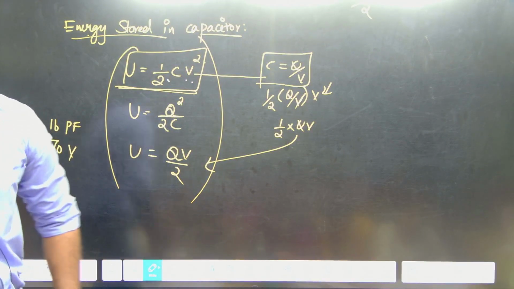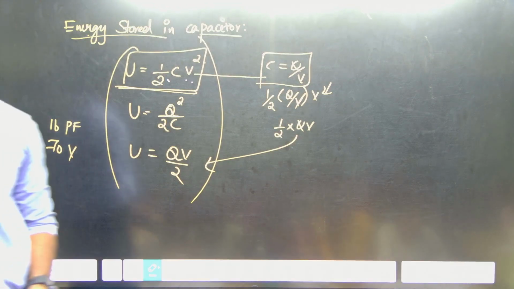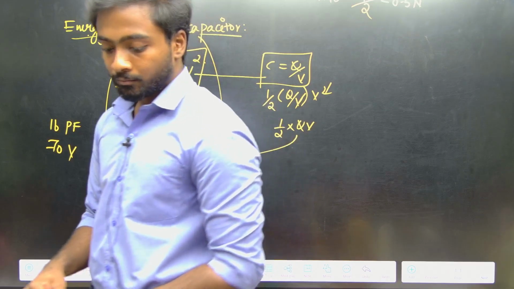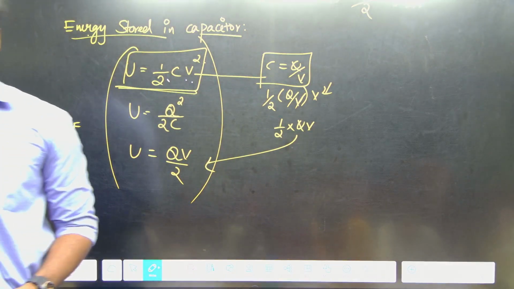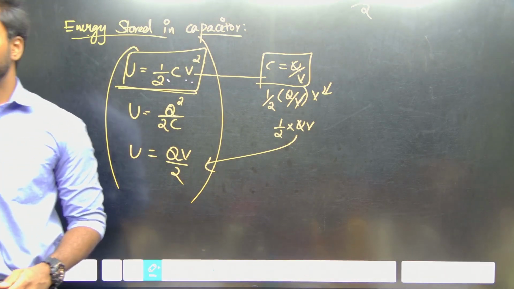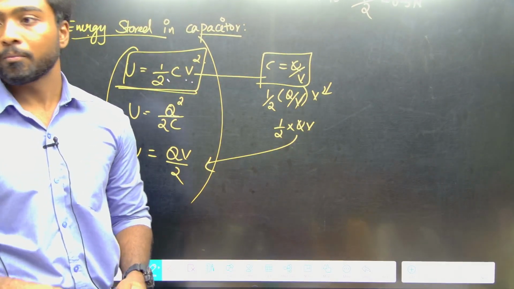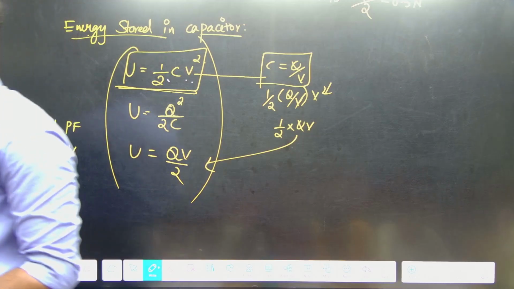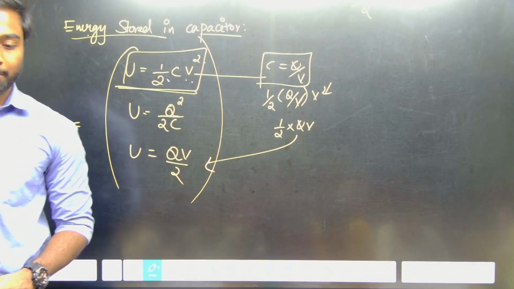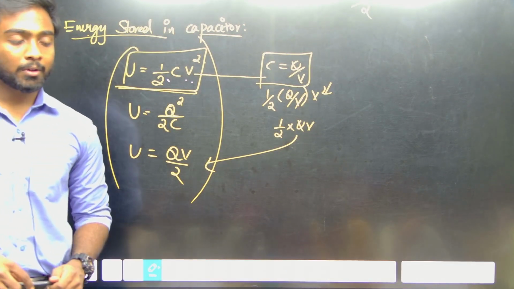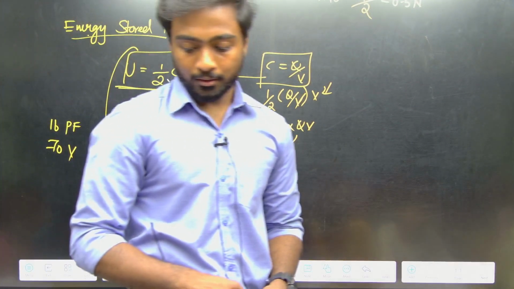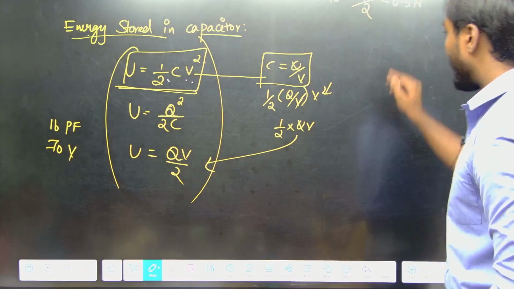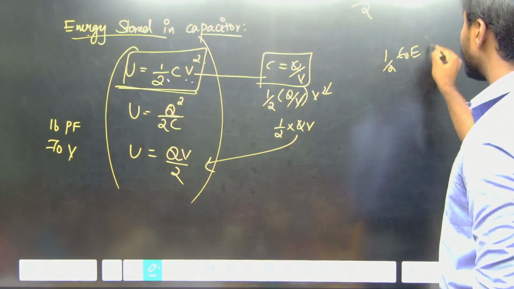Write the next formula. Energy density. Energy density is equal to 1 by 2 epsilon naught E square.